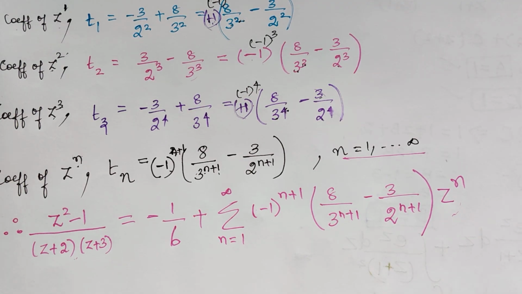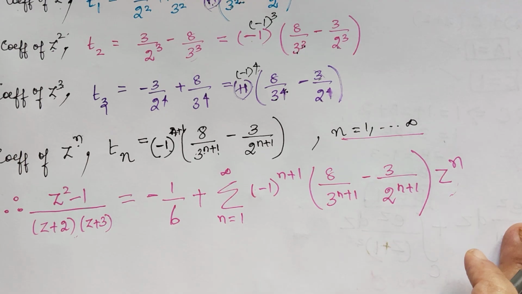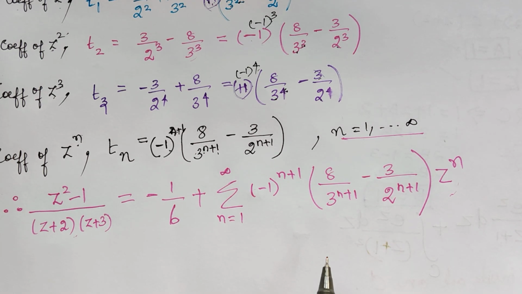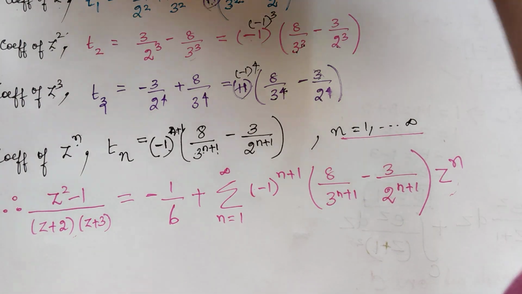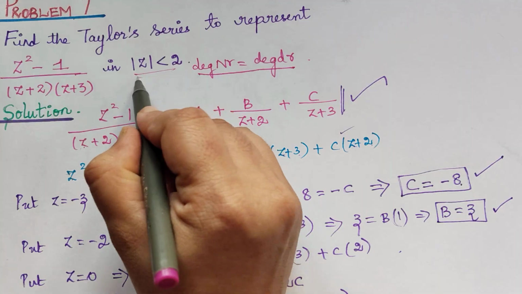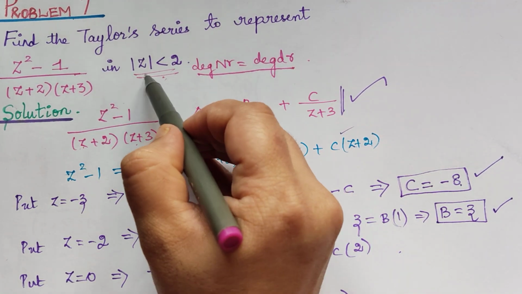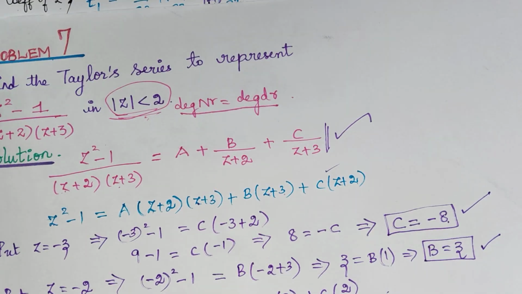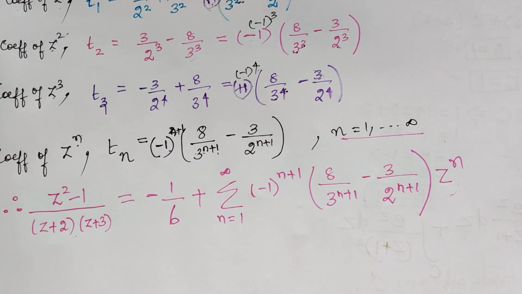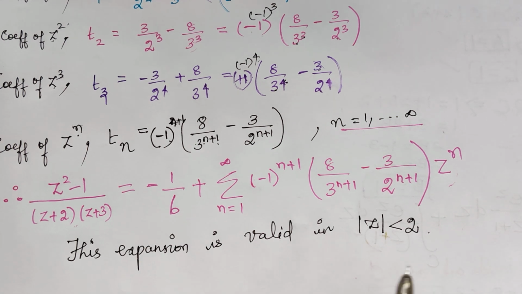So this is the required Taylor series expansion, and this expansion is valid in the given region. What is the given region? It is modulus of 2 less than modulus of z less than 2. So the obtained Taylor series expansion is valid in that region.